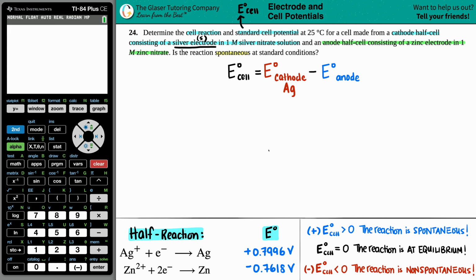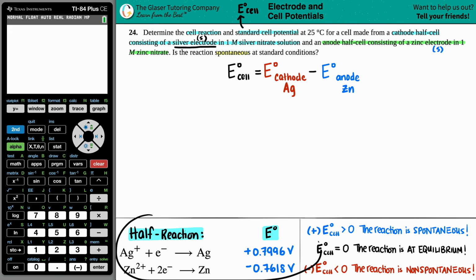That's the silver. Now I'm just going to shoot right over here. They told us specifically that the anode half cell consists of the zinc electrode. An electrode, remember, is just a fancy way for saying a solid. Specifically, zinc on the periodic table is Zn, and that's at the anode, so I know that the Zn is at the anode.